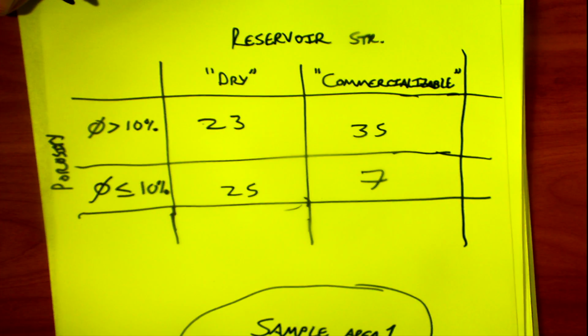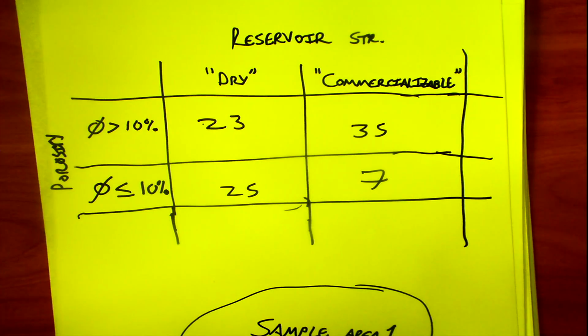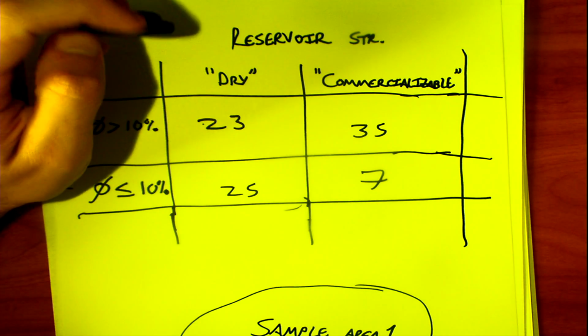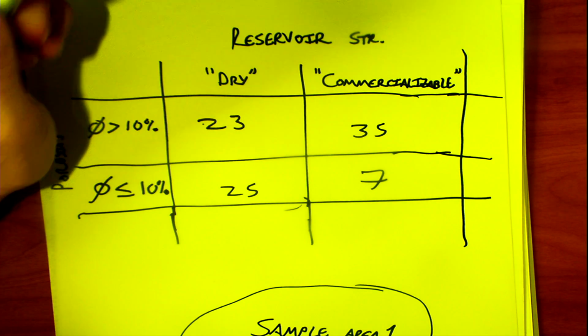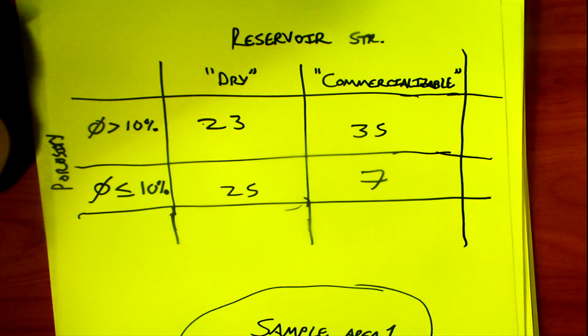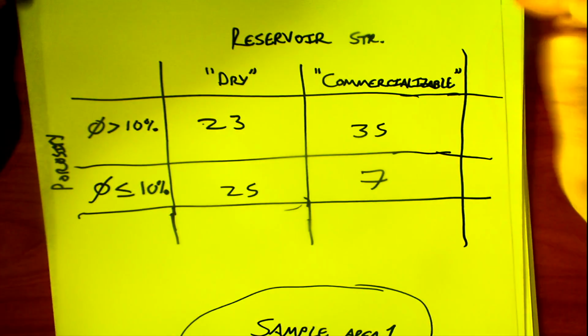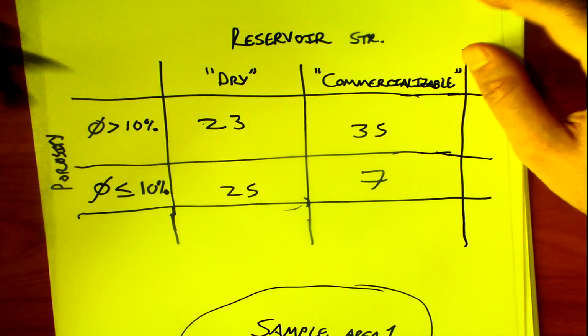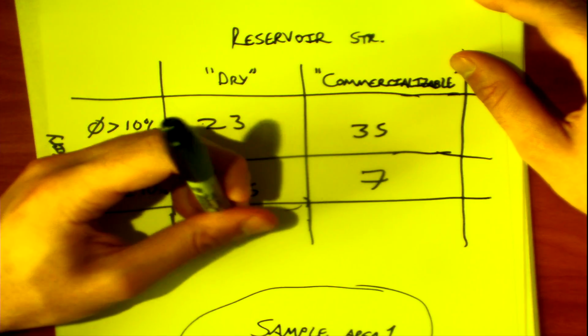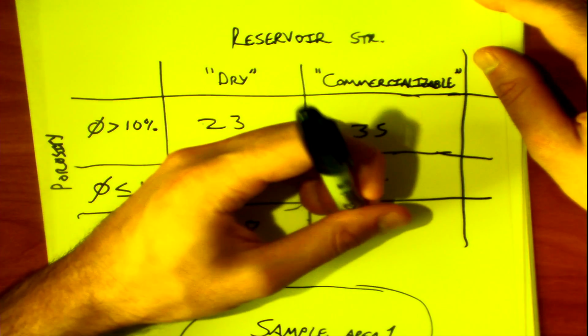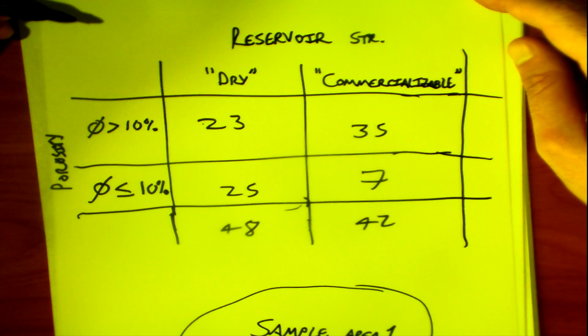So how to go about this? Okay, so one way I can look at it is just by adding up all of my rows and columns, right? So you could say there are 48 dry wells here. There are 42 commercializable wells here.